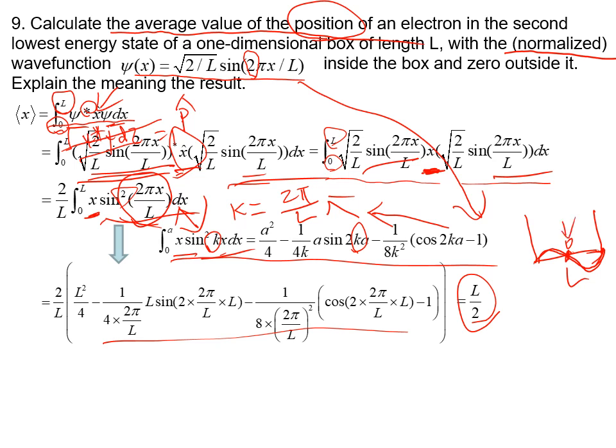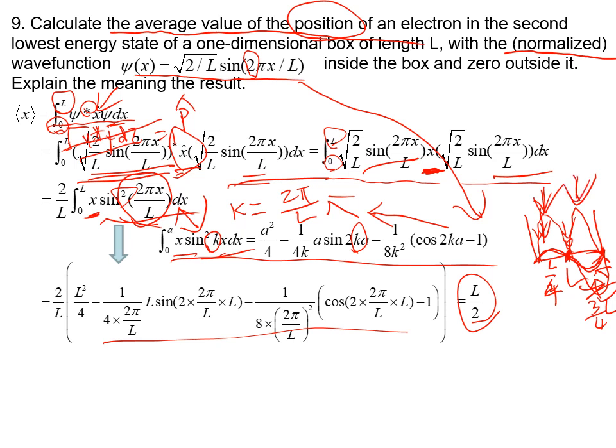The most probable places are here, at a quarter L, and this is at 3 over 4 L. This is also a most probable place, because you need to square the function to get the probability. So square like this. So these two are the most probable places.